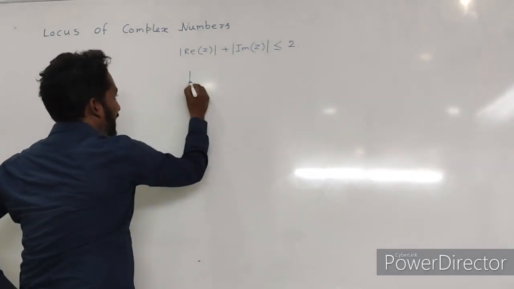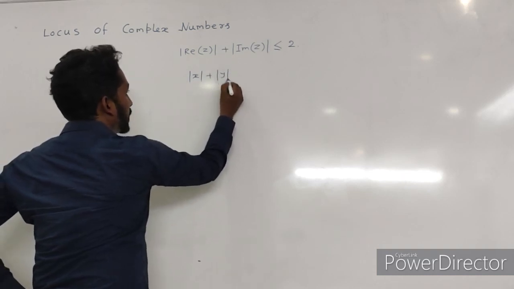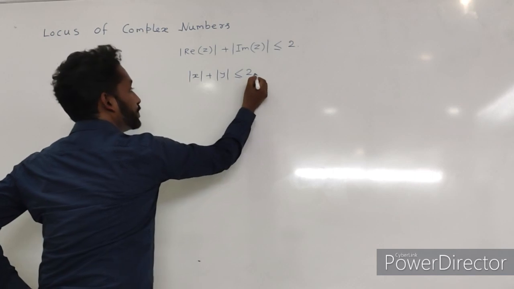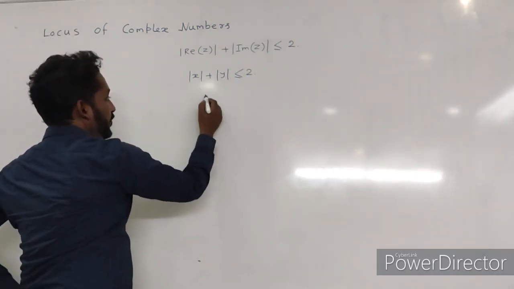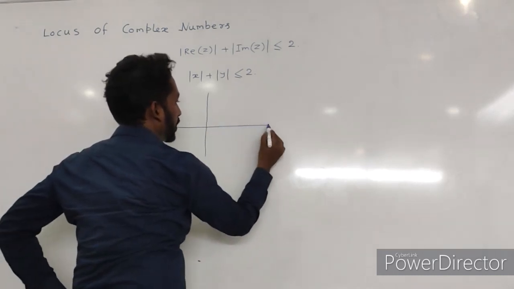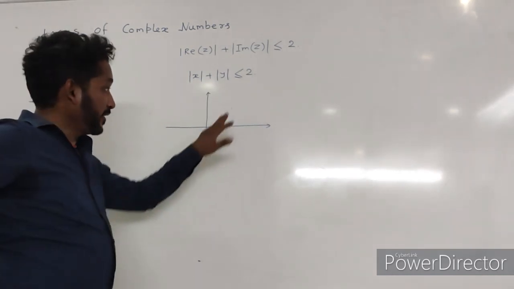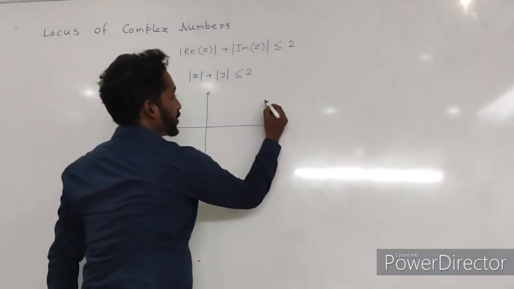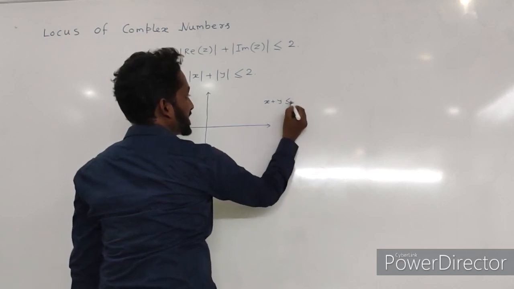So here what we are getting that mod of x plus mod of y should be less than or equal to 2. Okay. So first thing, when in the first quadrant, x and y both are positive in the first quadrant. So this equation will also to be x plus y is less than or equal to 2.